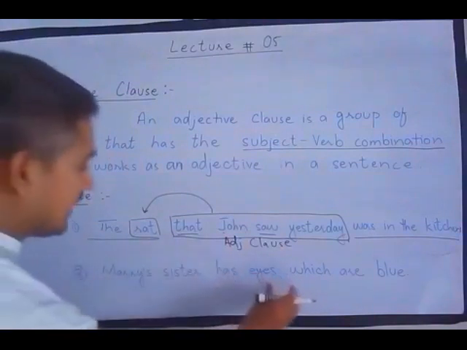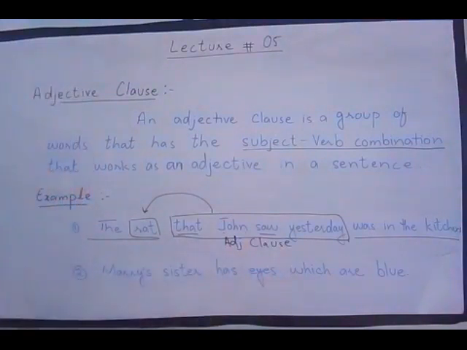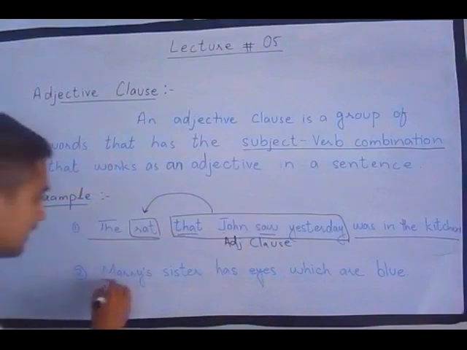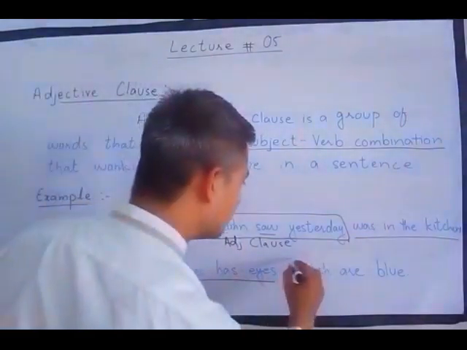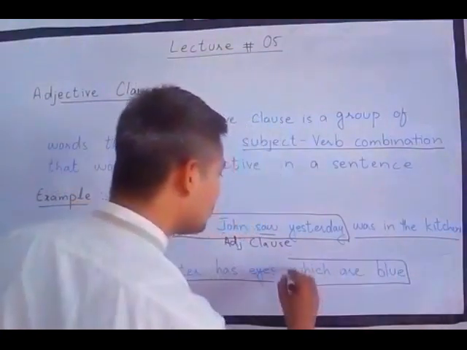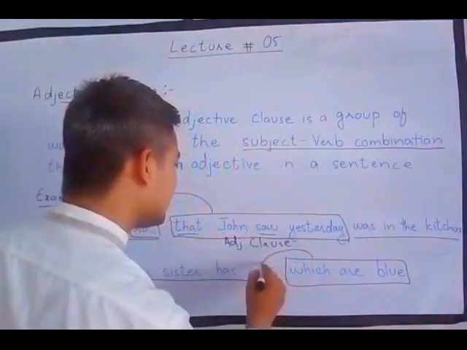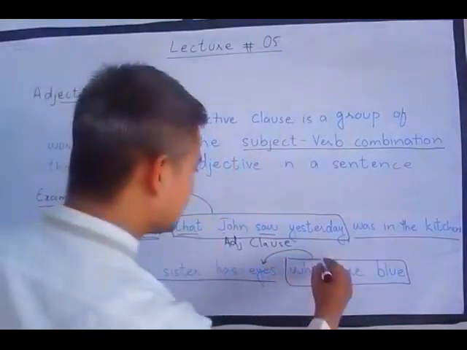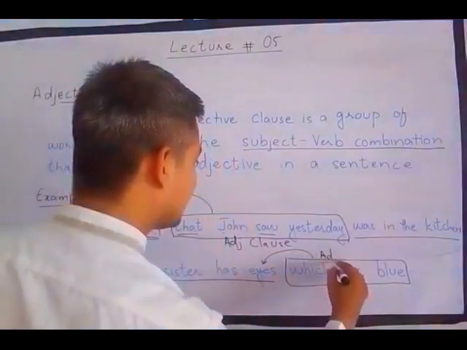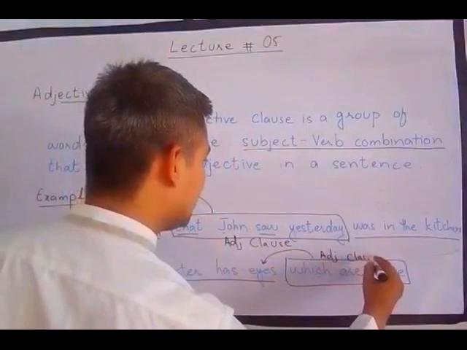Okay students, now look at the second one. Mary's sister has eyes which are blue. So which are blue modifies the eyes of Mary's sister, and this is our adjective clause. Why?